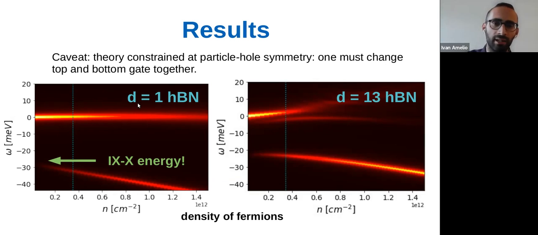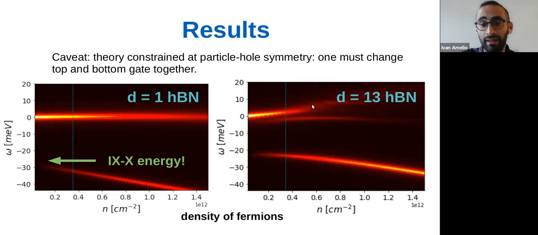It is known that for the oscillator strength transfer from the repulsive polaron to the attractive polaron, it is very important to have a continuum of excitations. Here I'm gapping my quasi-particles, and the repulsive polaron looks quite flat.